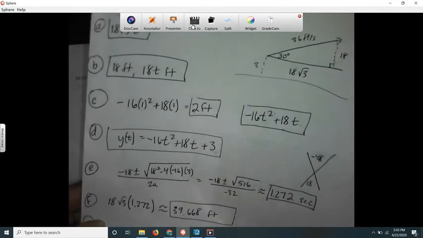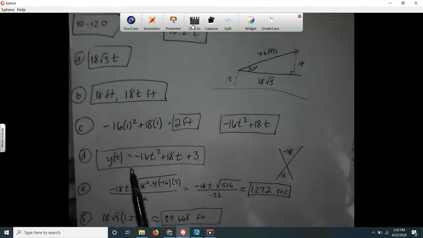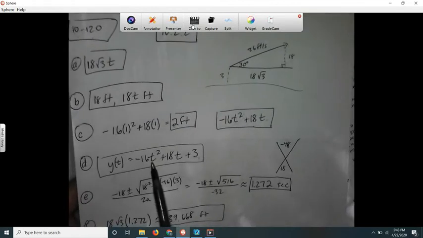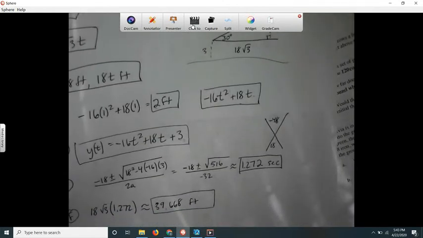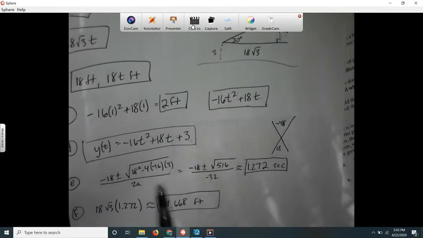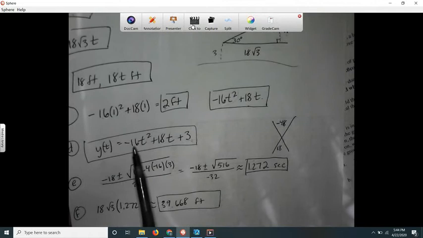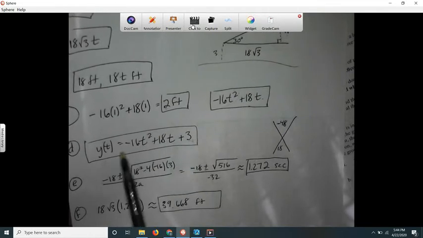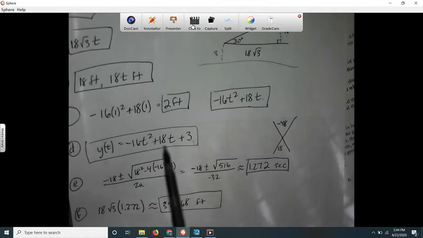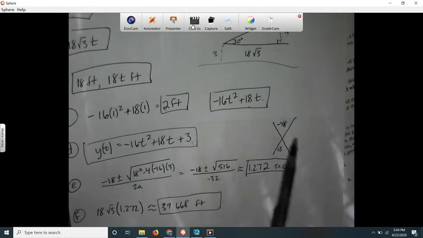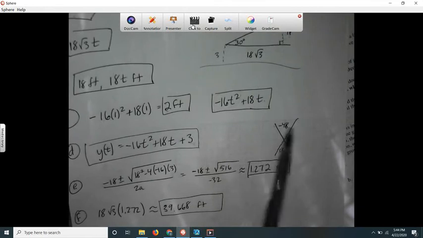And then letter E, how long will Kevin remain in the air? So t is for time. If I solved this for t, I would find out how long he remains in the air. I tried to factor it. I went negative 16 times 3 is negative 48, and there's no two numbers, it's not going to factor.